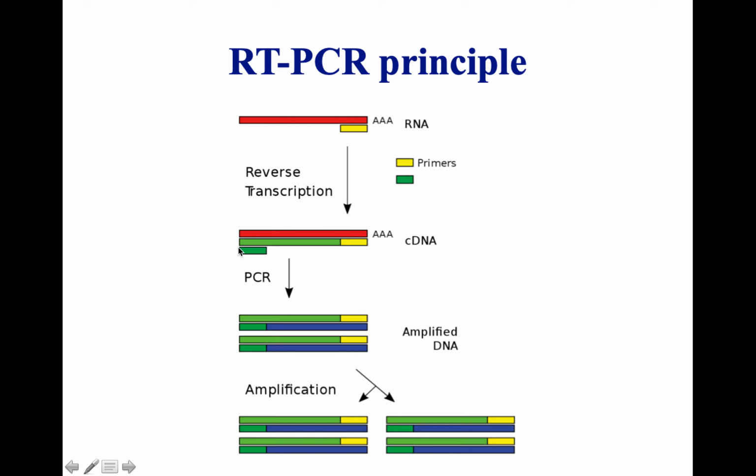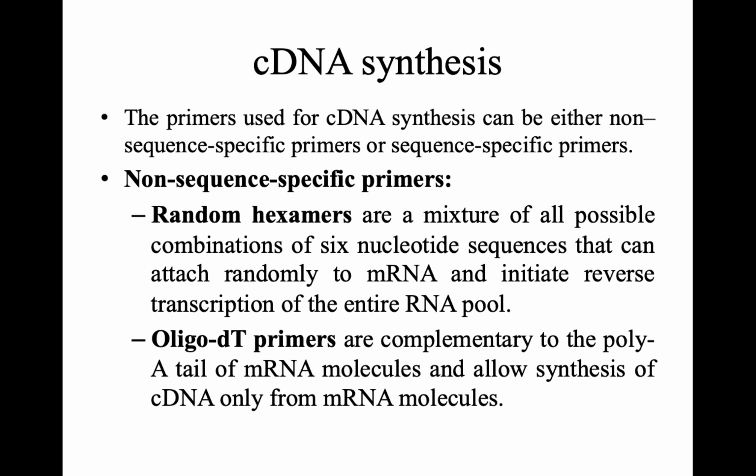The cDNA formed is complementary to the RNA present in the sample. This cDNA is then further amplified in the PCR, which produces more and more copies of the cDNAs from the sample.